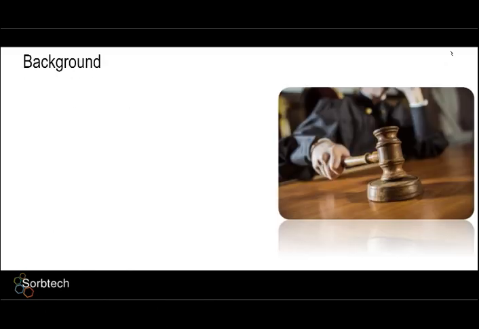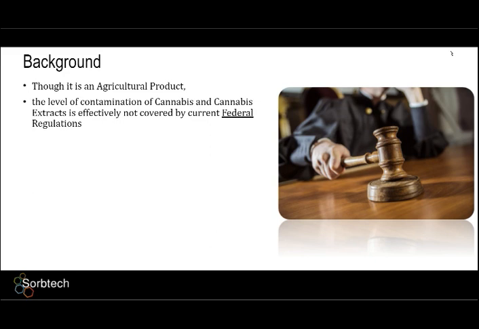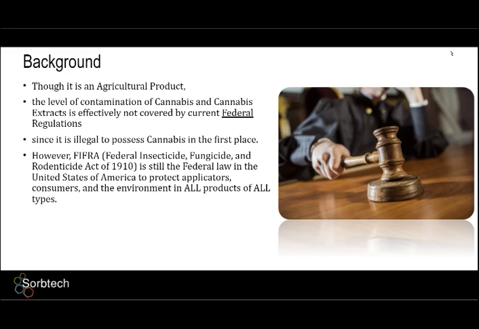So the background to all of this is, though it is an agricultural product, the level of contamination of cannabis and cannabis extracts is effectively not covered by the federal regulations since it's illegal to possess it in the first place. However, the Federal Insecticide, Fungicide, and Rodenticide Act of 1910, commonly referred to as FIFRA, is still federal law for the United States of America to protect everyone, the applicators, users, consumers, and the environment in all products of any type.